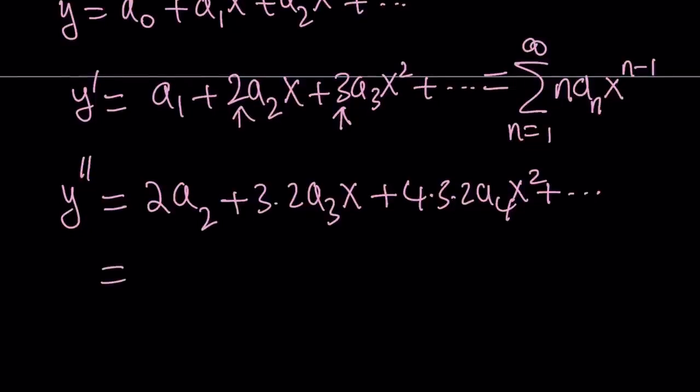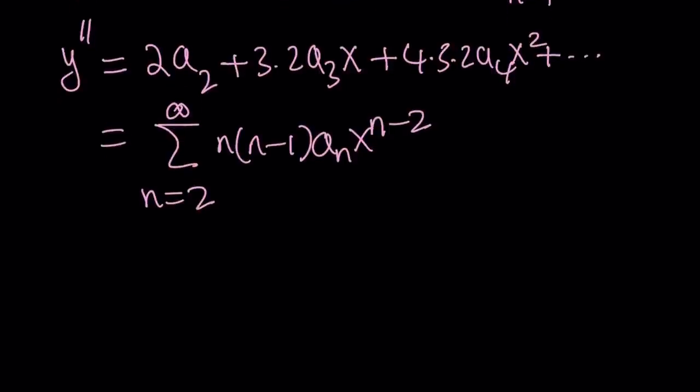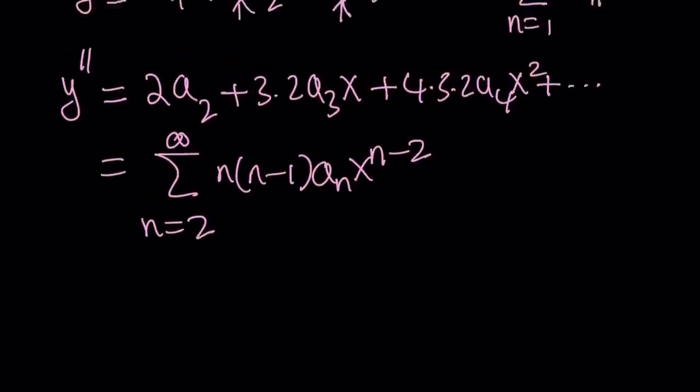So if you're going to move the n minus 1 to the front, and of course n must start at 2, because we have a sub 2 as our first term, n equals 2 to infinity, n times n minus 1, and then we get a sub n, and this time x must be raised to the power n minus 2, because we lost 2 of the x's. Okay, great. So I got this one.